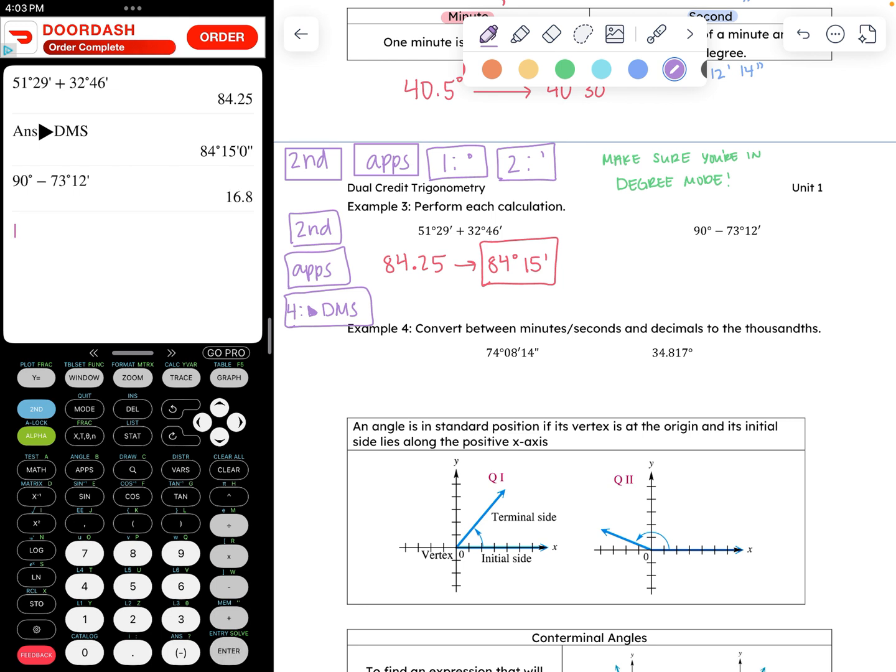Once again, it pops out a decimal answer, 16.8, but I'm going to do second apps 4 and hit enter to get 16 degrees and 40... you look at my calculator, it says 47 minutes and 60 seconds. But remember, 60 seconds is a full minute, so that's actually 48 minutes.